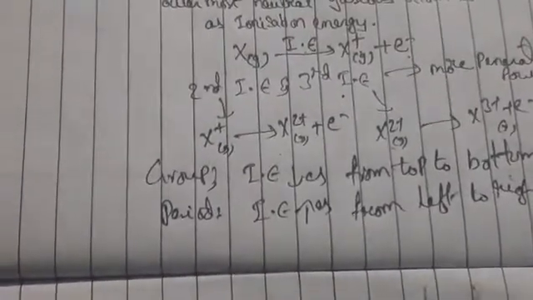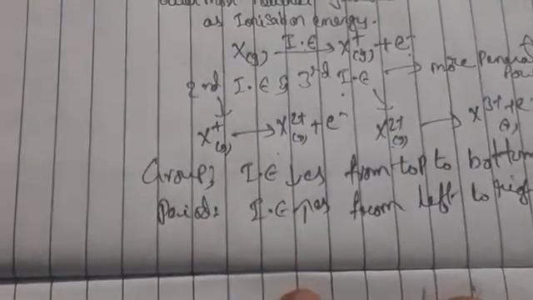What is the reason it increases and decreases here? The reason is less screening. Because of the removal of one electron, it is difficult to remove the second electron. So this can all be explained by the screening effect.